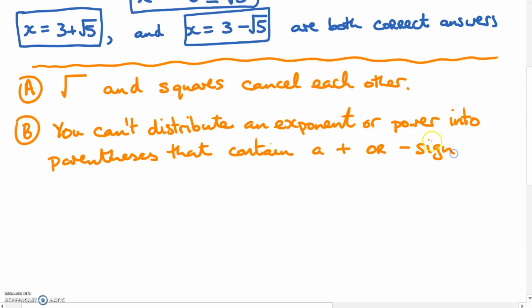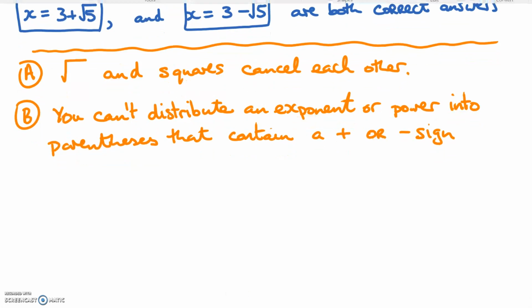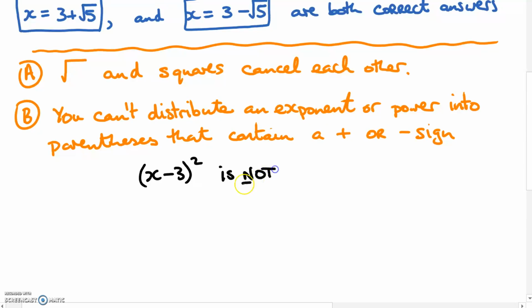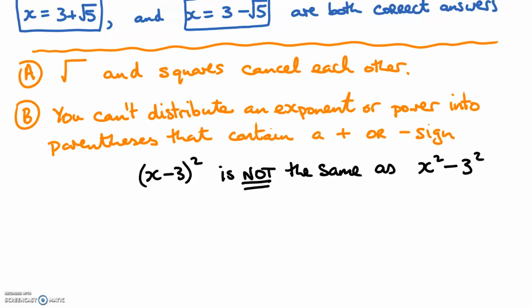So we had (x minus 3) squared in there. Well, that is not the same as x squared minus 3 squared. So we're not allowed to distribute that 2 in. It doesn't work like that.